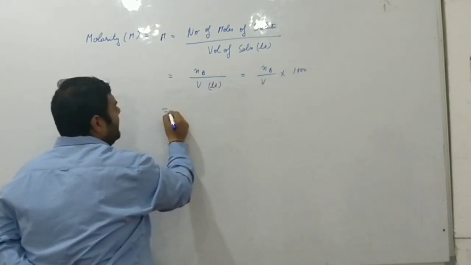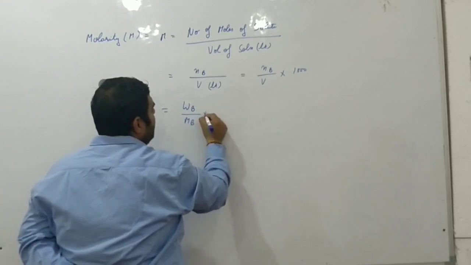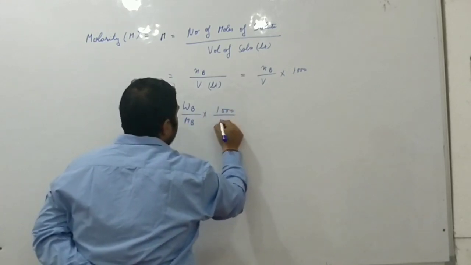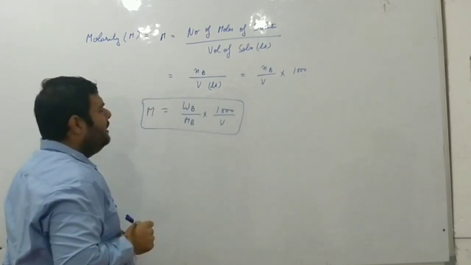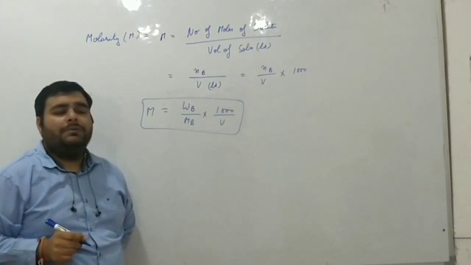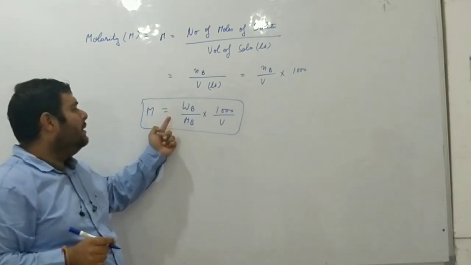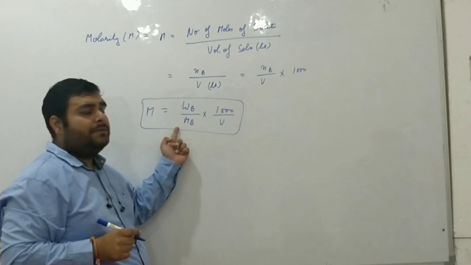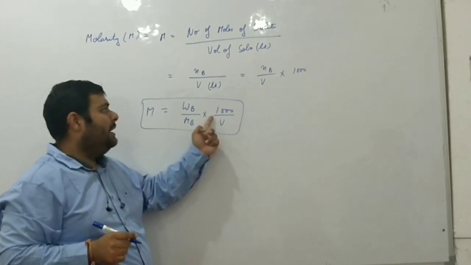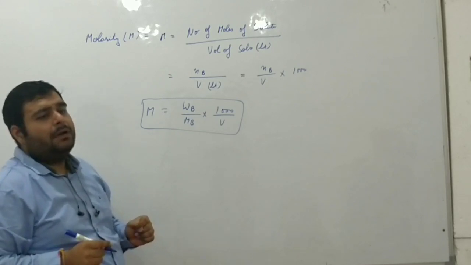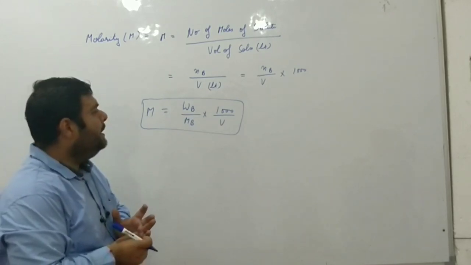Now the number of moles Nb is equal to Wb over Mb, so the molarity comes out to be Wb over Mb into 1000 over V. Now what is Wb? It is the weight of the solute. Mb is the molecular mass of the solute. V is the volume of the solution, and it is multiplied with 1000 so that the volume can be taken in milliliters.